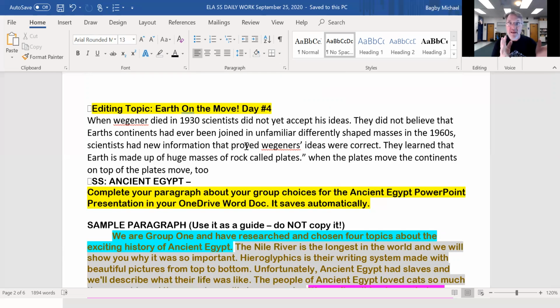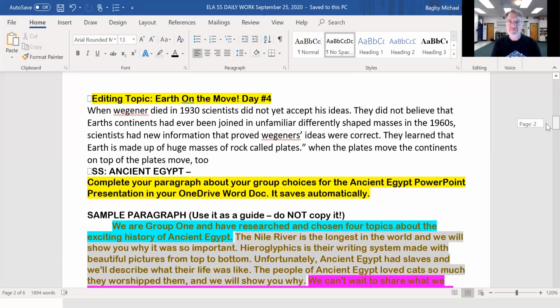And he gave this theory and scientists were like, no way that's true. Because they didn't understand that continents moved. They were confident that continents did not move, but continents, the huge land masses, do shift around very slowly over the course of hundreds of thousands and millions of years.